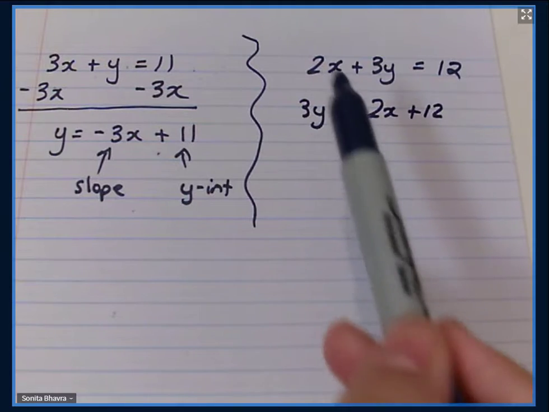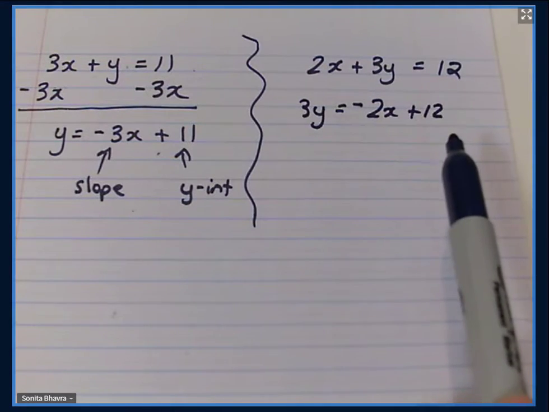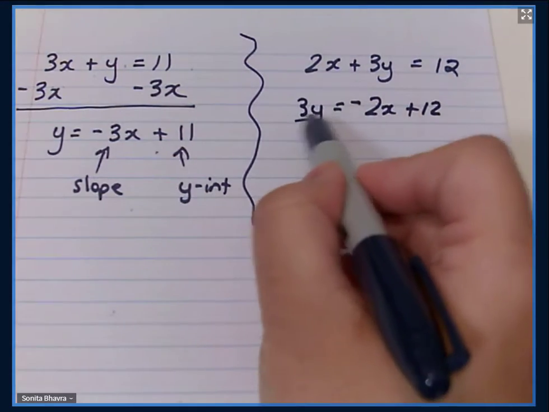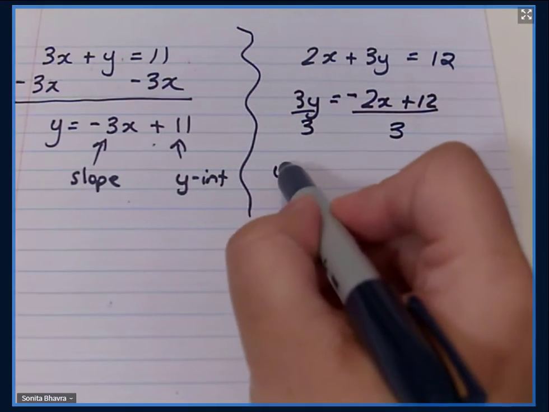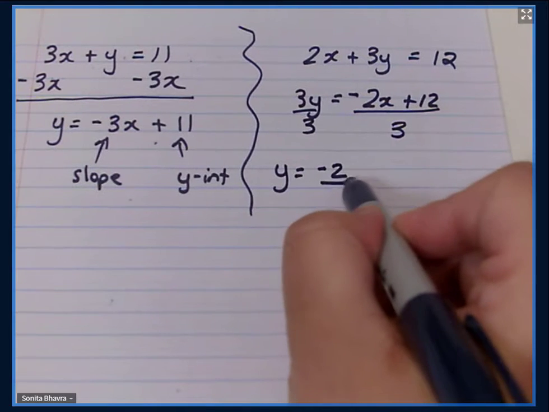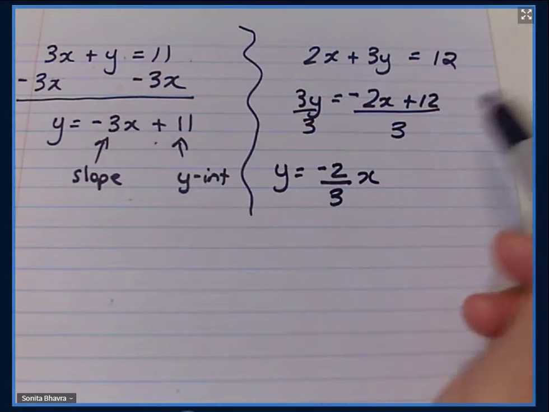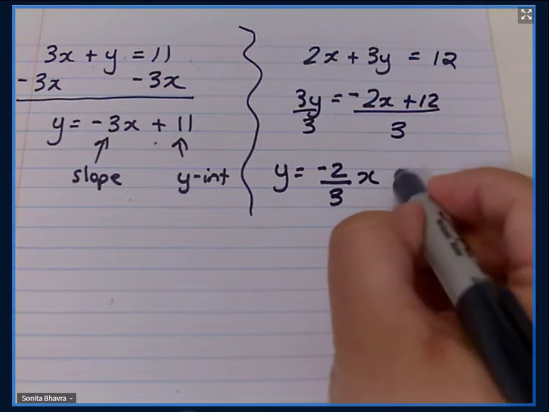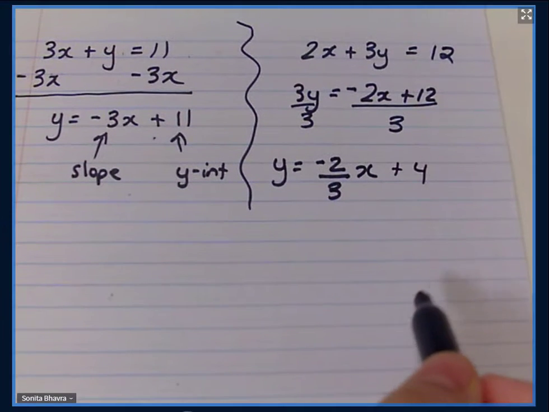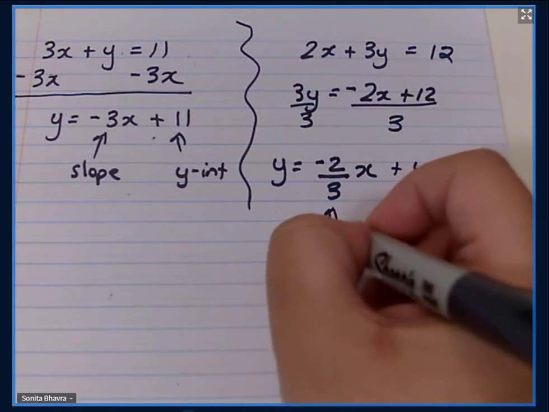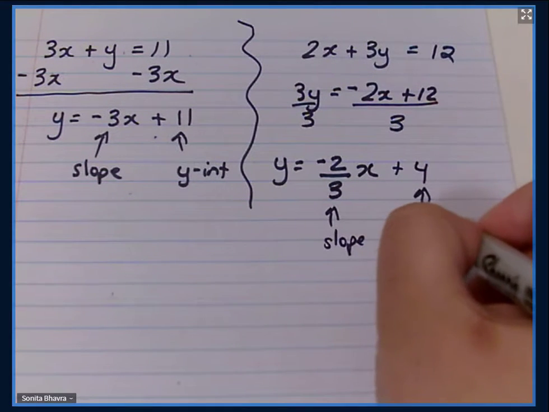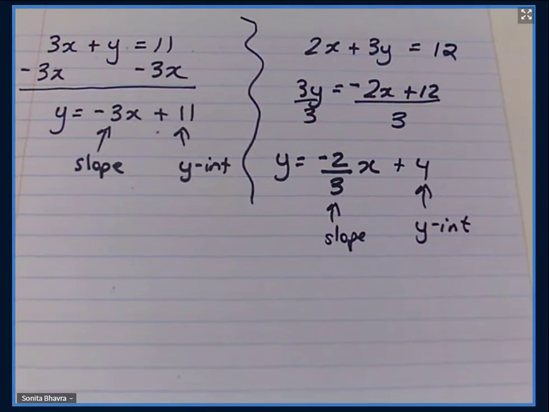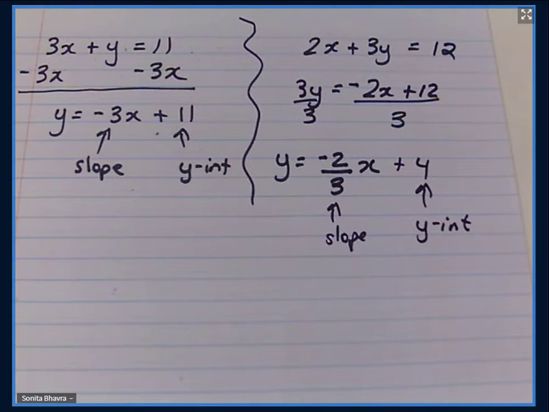Next I'll divide by 3 on both sides. So I get y equals negative 2 over 3x, and then 12 divided by 3 is plus 4. For my second line, here is my slope, and here is my y-intercept. Those are my two lines.